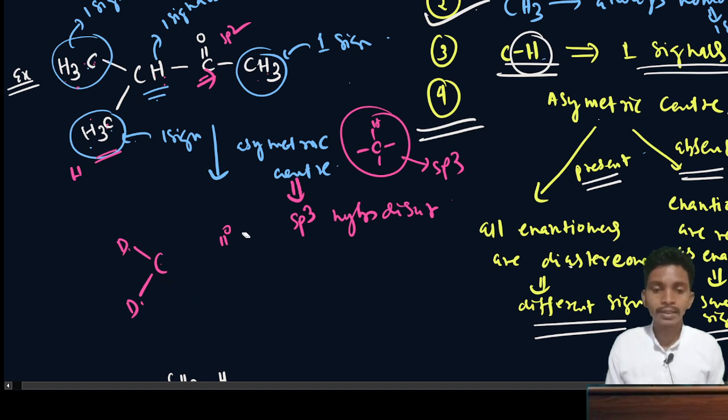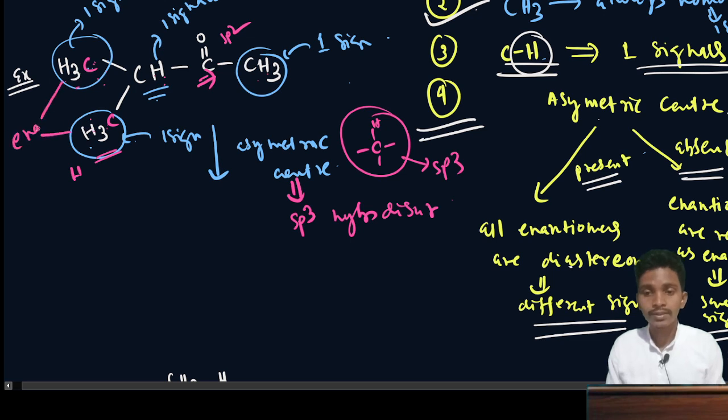If a chiral center is not present, then there is no chance of diastereomers. It means enantiomer after enantiomer, so these two are enantiomers. Enantiomers mean they will give the same signal.